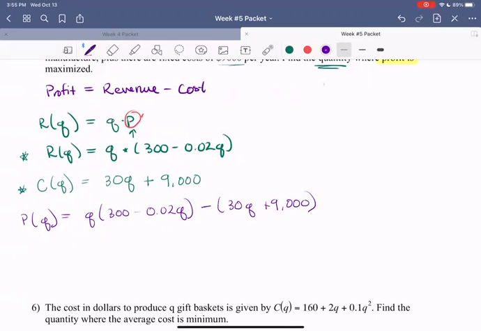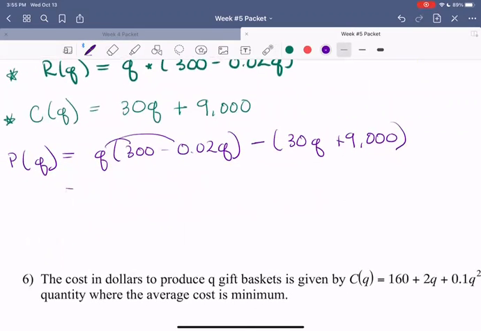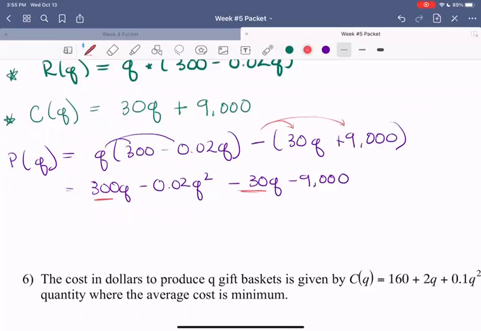So what happens here, that Q is going to come into both terms. So we get 300Q minus 0.02Q squared. And then remember this negative is also going to come into both terms. So then we get negative 30Q minus 9,000. Now let's go ahead and combine like terms. I see some Q's here, 300Q minus 30Q.